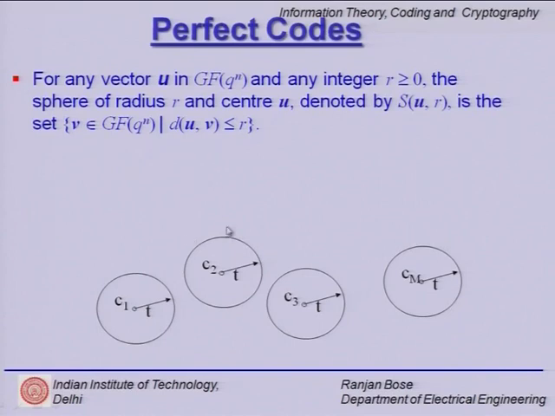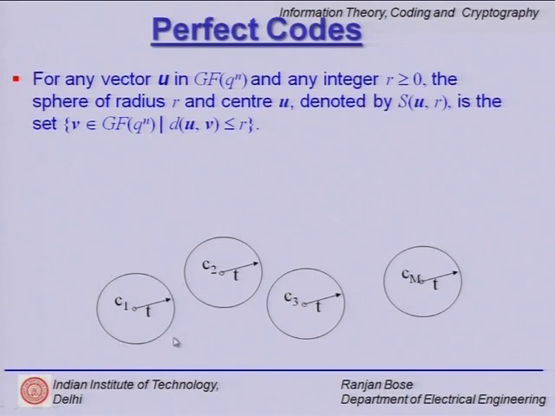So we have a code space, and every point in this code space is a vector of length n. Please note, this is not necessarily binary, we are talking about GF(q)^n. Here we have talked about the notion of radius of spheres. What are these spheres?